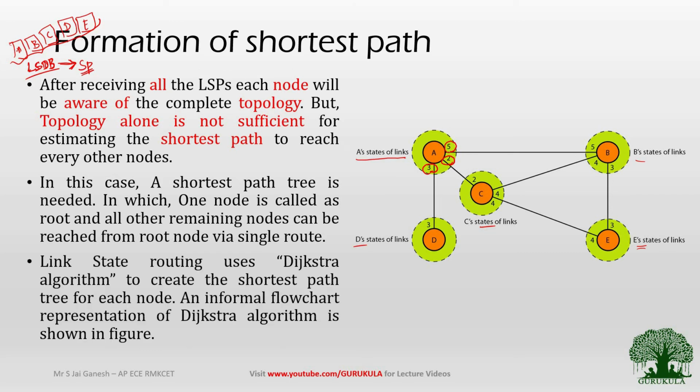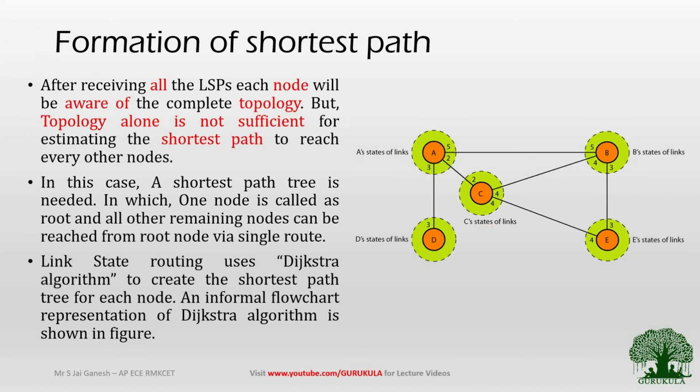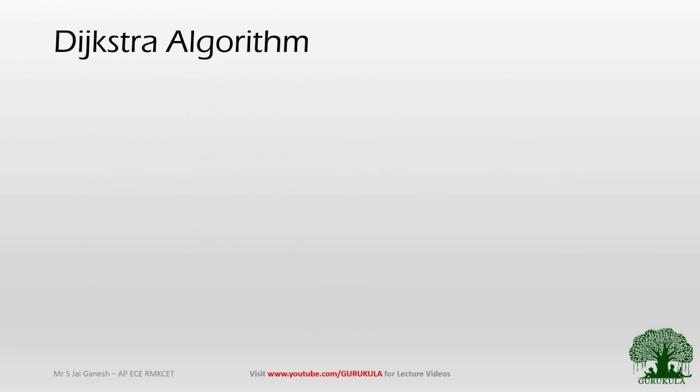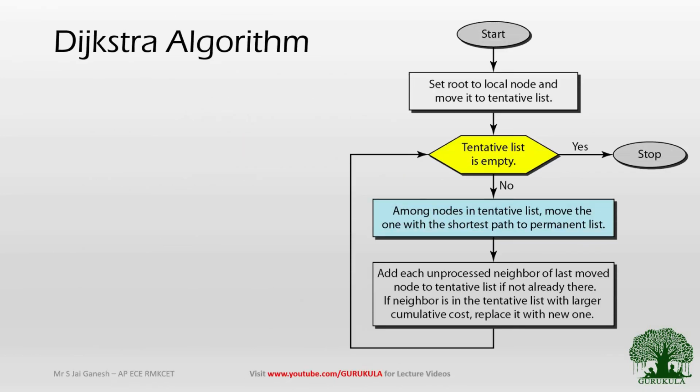Link state routing uses Dijkstra's algorithm to create the shortest path tree. Now we will see what exactly Dijkstra's algorithm is and how the shortest path tree is formed. Here is an informal representation of Dijkstra's algorithm and the various steps undergone in it.